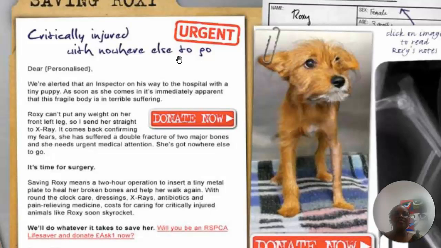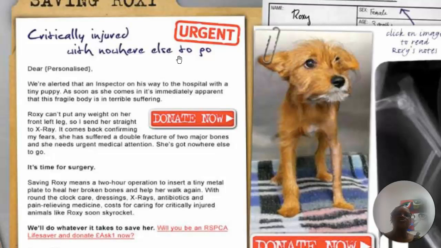So the RSPCA then is appealing to the reader, persuading them to donate so that animals that are injured can get treatment, and those that have got nowhere else to go can also get shelter.